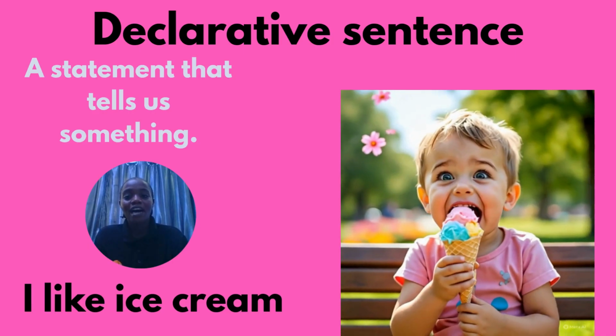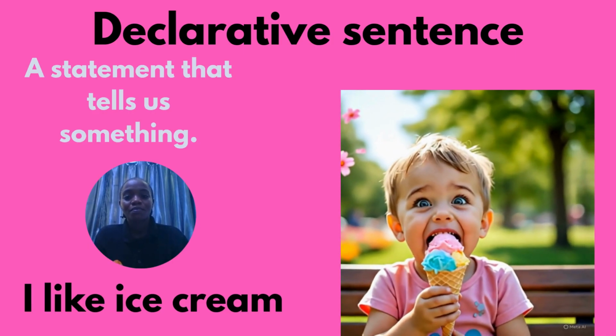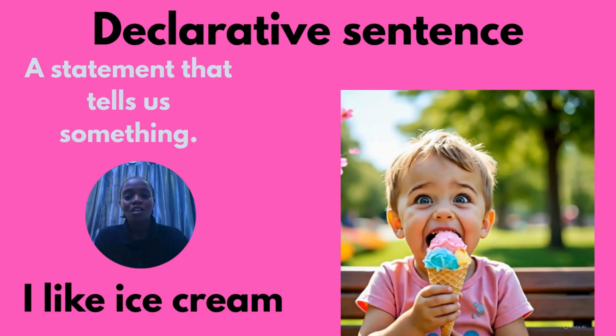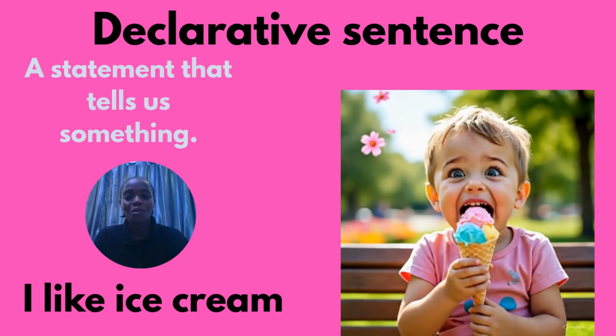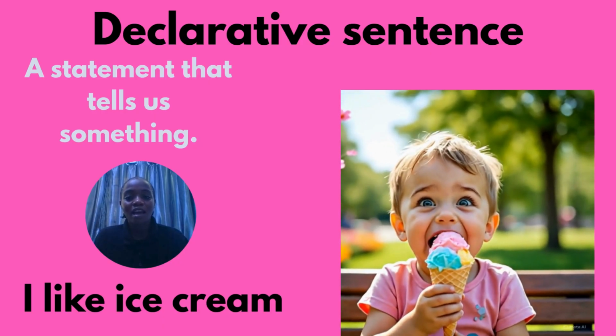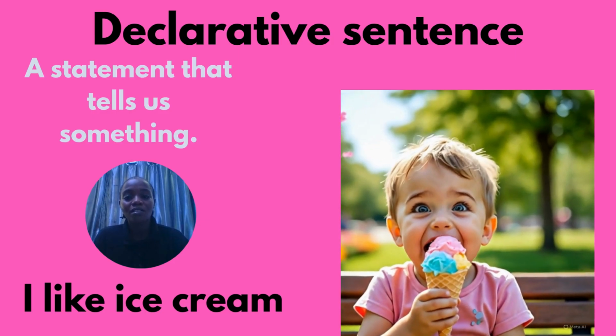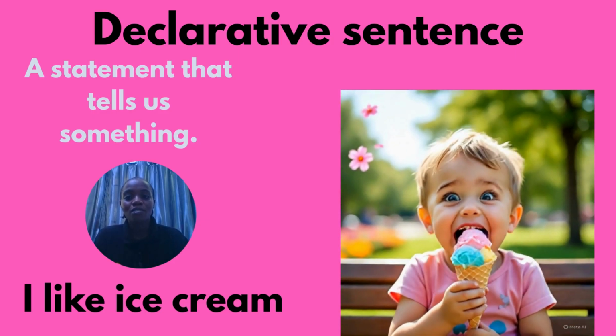For example, I like ice cream. He goes to school every day. He has two cars, and so on. All these sentences I gave are telling us one thing or the other, and they are what?